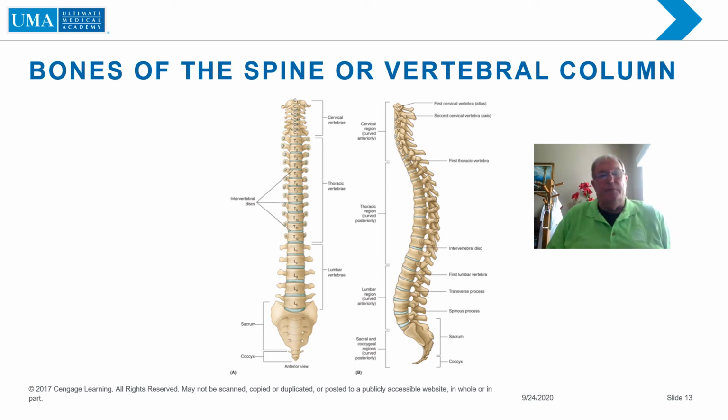And then you have the lumbar area, L1, L2, etc. And then you have the sacrum, and then the coccyx that follows that. So you will have to know that anatomy and where to find these: C1, C2, C3, T1.